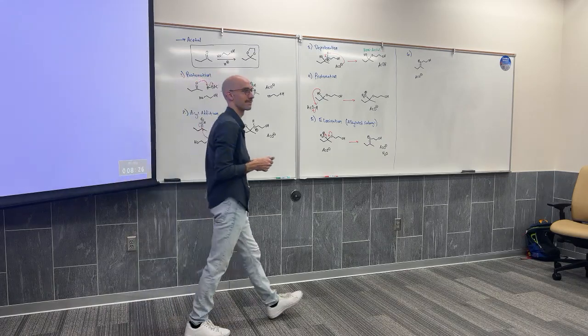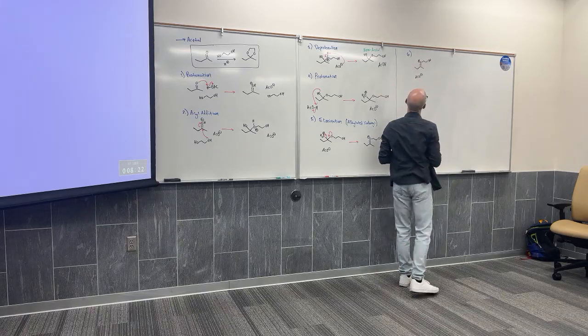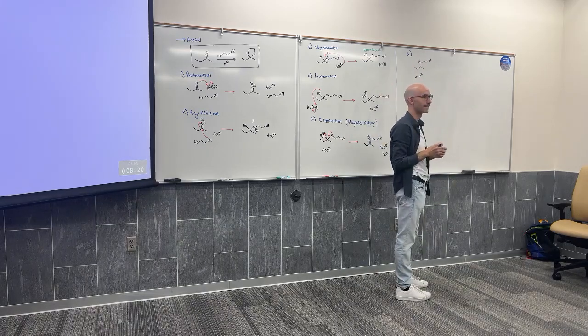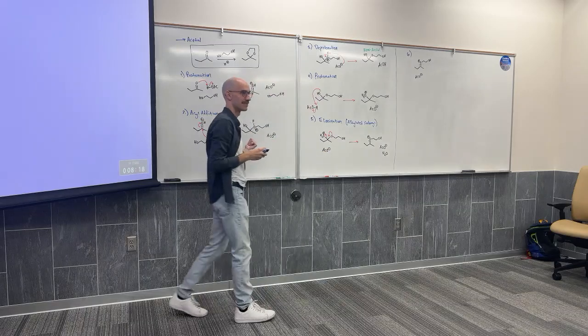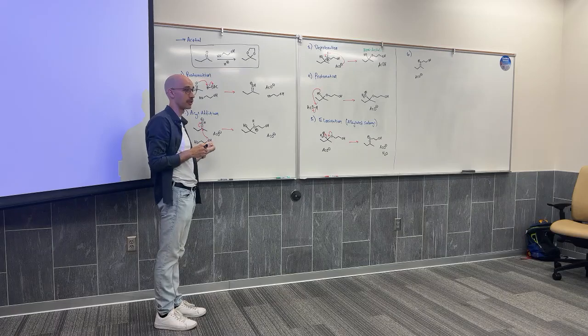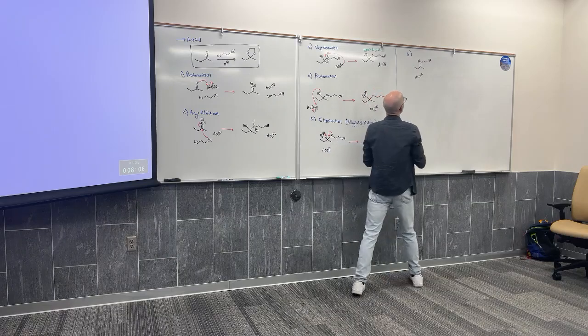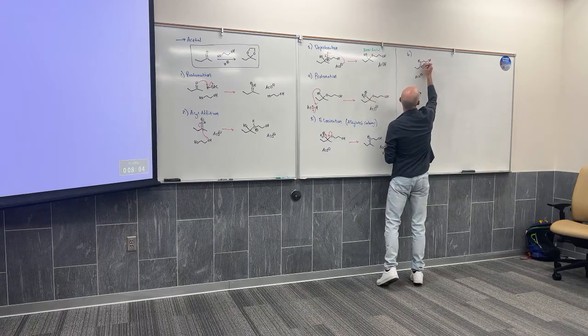So acid takes hydrogen. No. Do we need another molecule of that? Of the diol? We don't need another molecule of the diol. So then the two electrons from the OH are going to attack the carbonyl. Acyl addition.